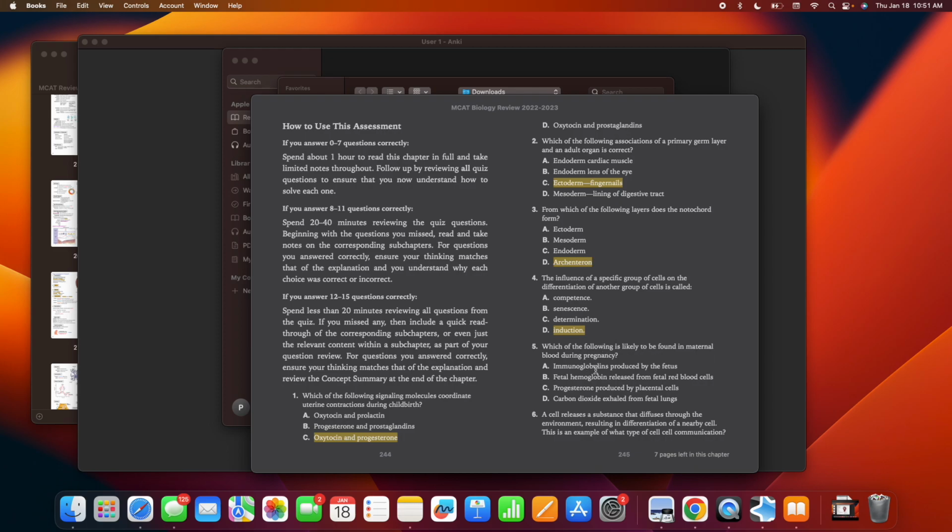Which of the following is likely to be found in maternal blood during pregnancy? Immunoglobulins produced by the fetus, fetal hemoglobin released from fetal red blood cells, progesterone produced by placental cells, carbon dioxide exhaled from fetal lungs. We know the fetal lungs are shunted, so you kind of skip them. I don't think they have a functional lung.